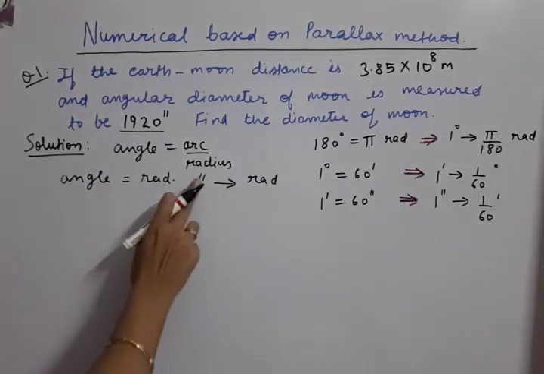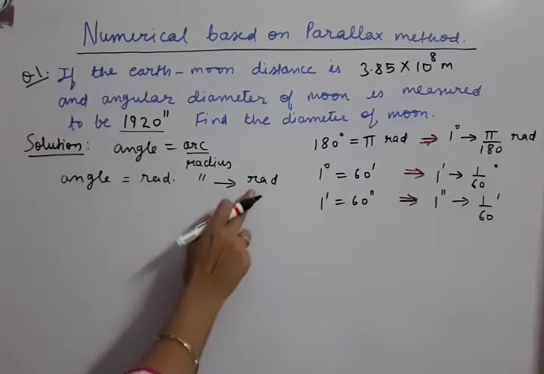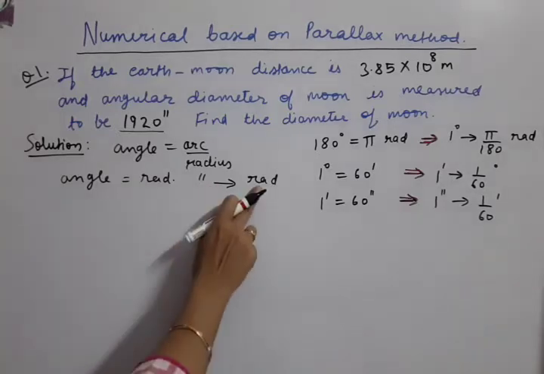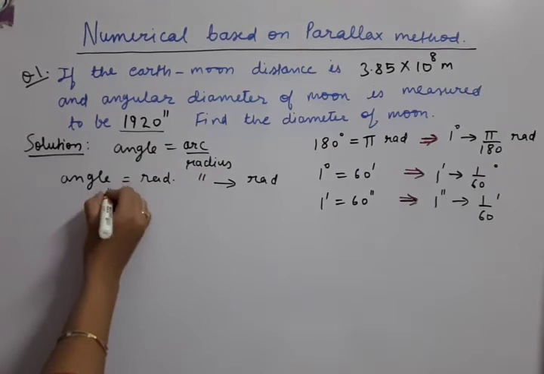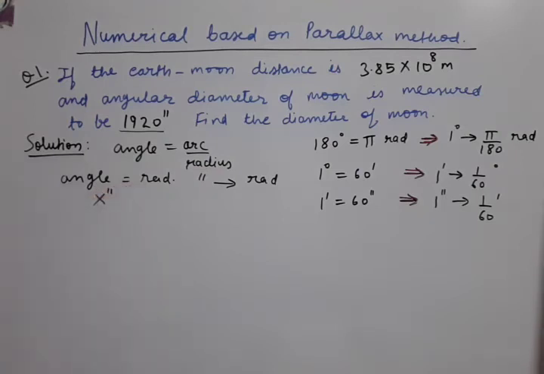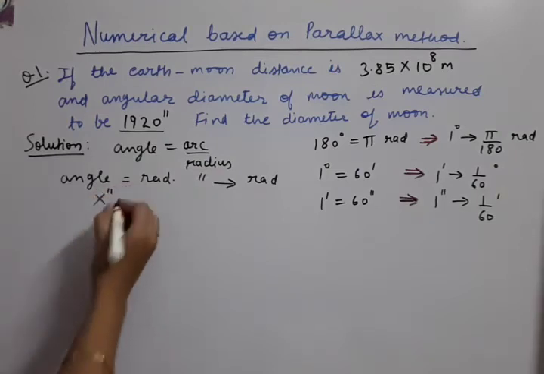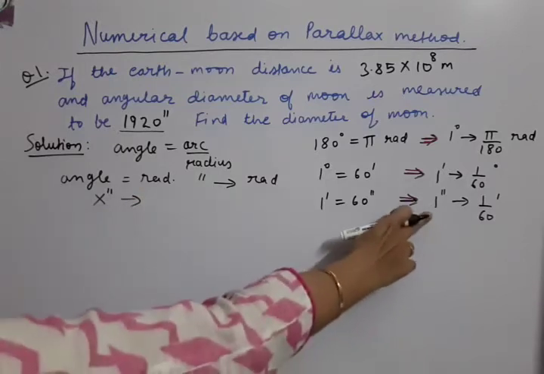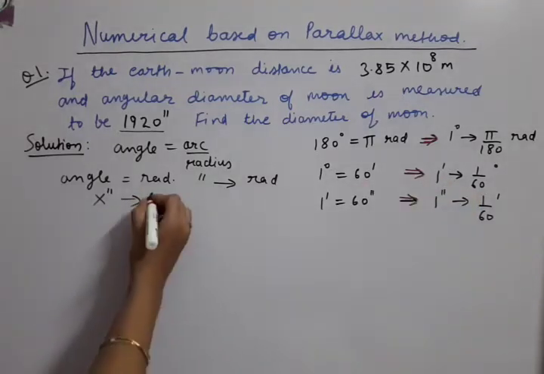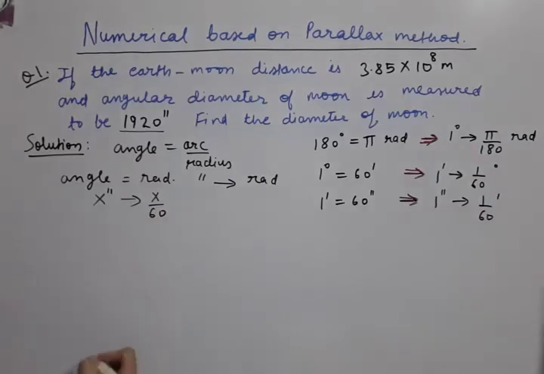Now here I will explain how to convert from seconds to radian. Suppose any angle is given as x seconds. So 1 second is 1 by 60 minute, so if I do x by 60, it will become minutes.